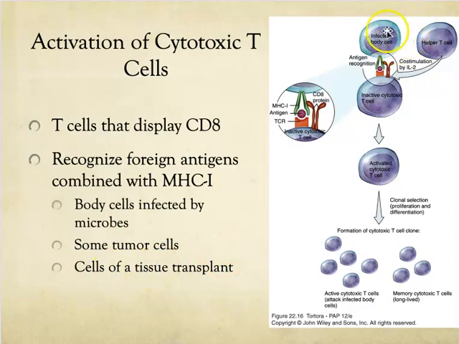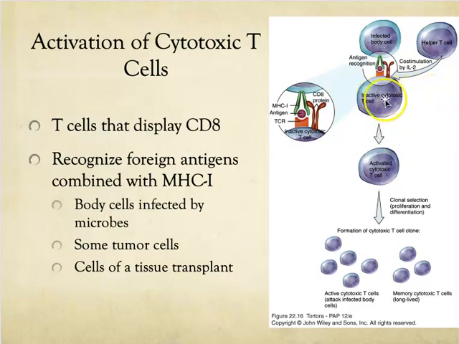So like this image indicates, here's an infected body cell. It underwent the endogenous presentation of the antigen, right? It's infected, so it took at least one of those infected microbes, viruses, whatever, put it onto that MHC1 and said, hey, I'm infected, come and kill me.